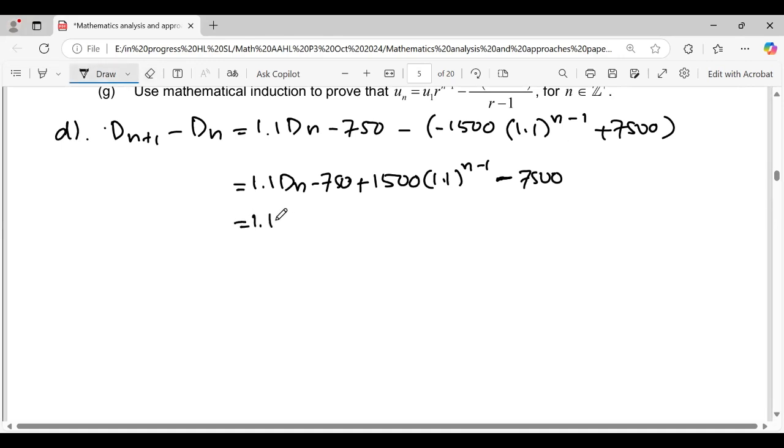And it will be 1.1 Tn plus 1,500 times 1.1 to the power n minus 1, minus 8,250.